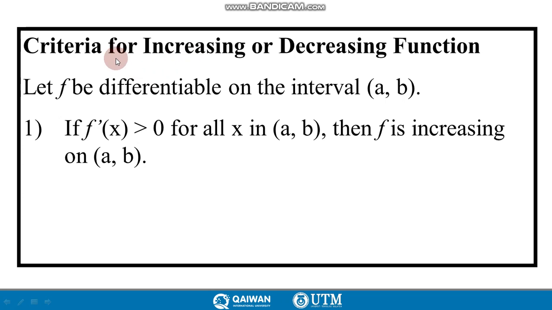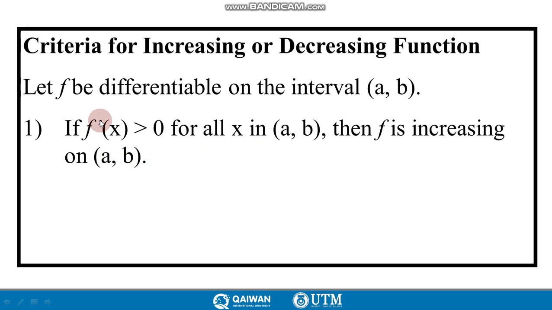For the criteria for increasing and decreasing functions, we let f be differentiable on the interval ab. That means if f is differentiable on this interval, we say if f prime of x is greater than 0 for all x in the interval ab, then f is increasing on this interval.